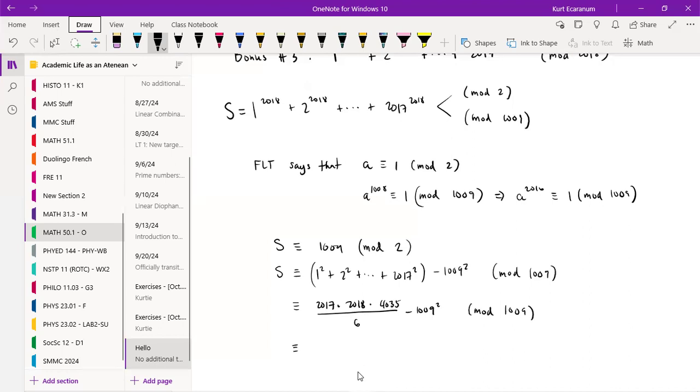So, this is going to be 2017 times 1009 times 4035 is divisible by 3. So, ano ba ang number na yan? Well, this is 0 mod 1009 actually. Ayun. 0 mod 1009.